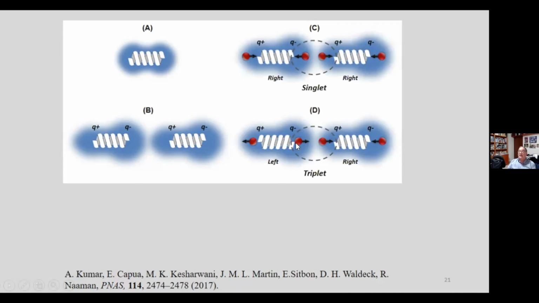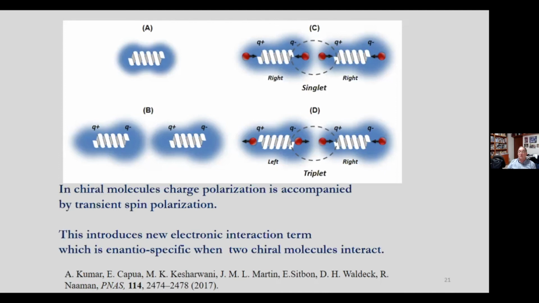If they are of opposite chirality, we get a triplet. So we get a term in the interaction that has to do with the chirality of the molecule, the enantioselectivity of the molecule. So what we indicate here is that enantio recognition is not only a lock and key type effect; it also has to do with a new electronic term in the interaction.